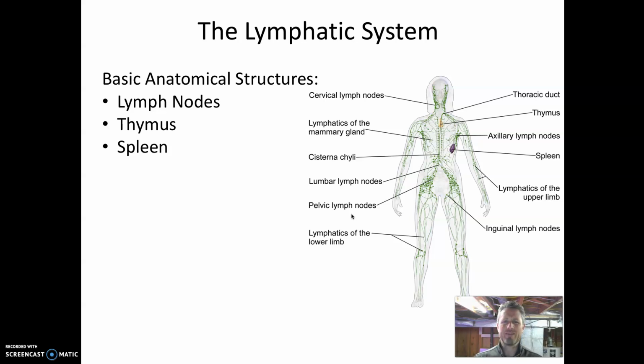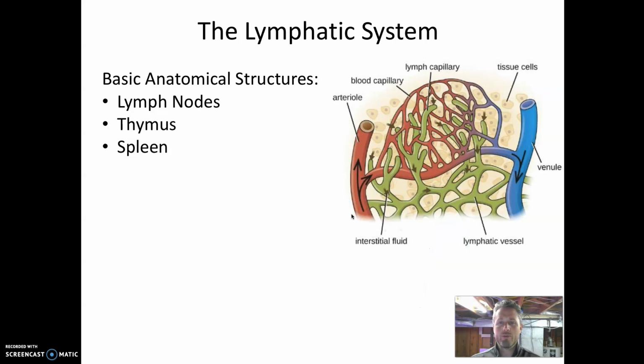So let's think about what that lymphatic system does. If we zoomed in on some part of the body out here, like maybe our hands or feet, let's think about the feet. Here's what we might observe for how the circulatory system and the lymphatic system interact. We've got our circulatory system delivering blood to this area.